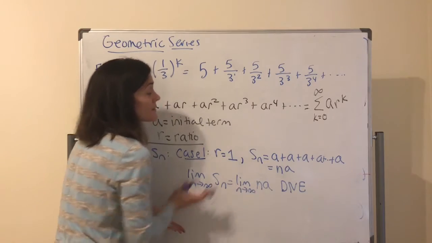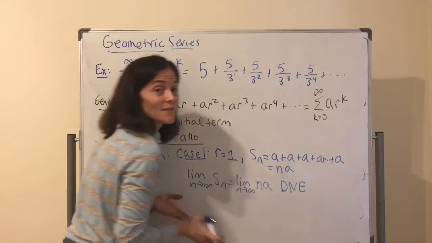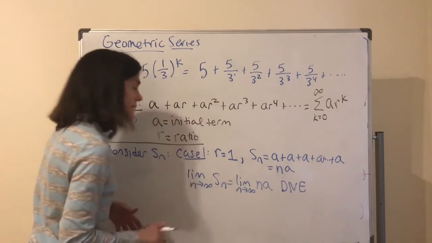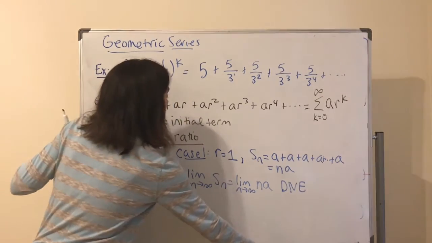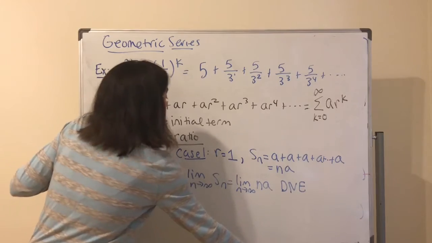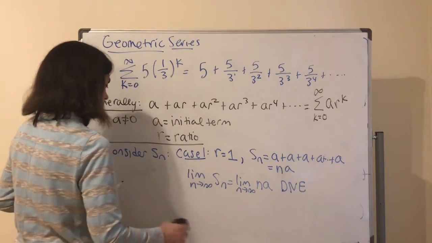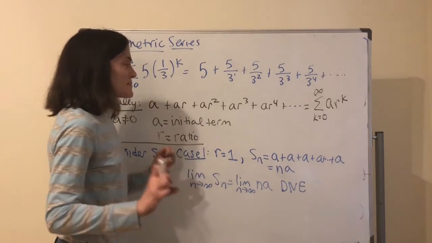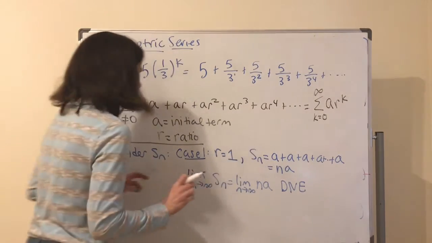If a is positive, it's going to infinity. If a is negative, it's going to negative infinity. So if r is 1, immediately we know the geometric series diverges.